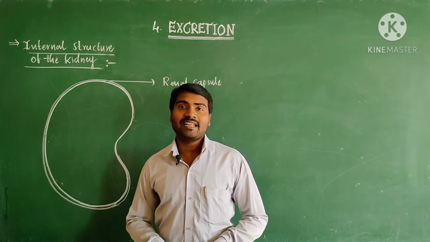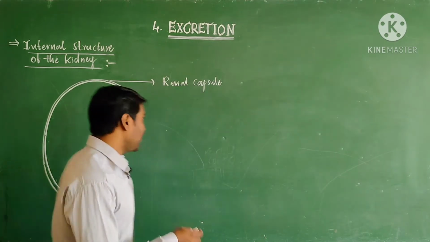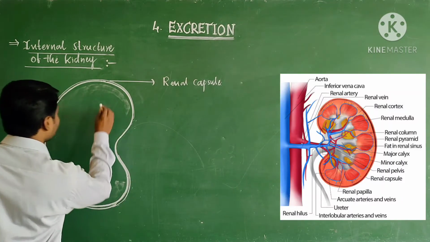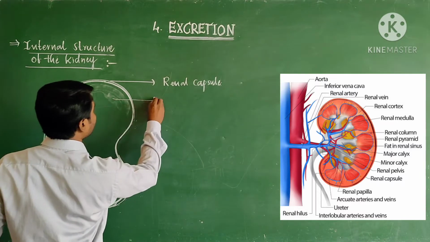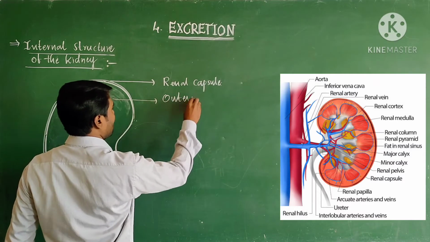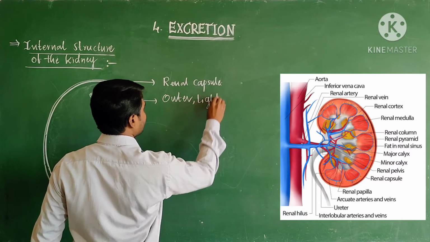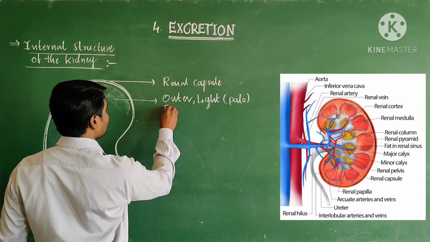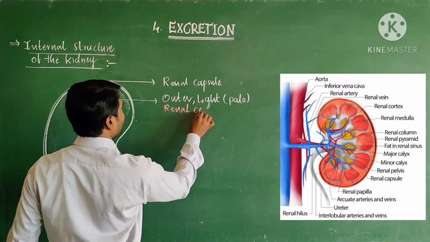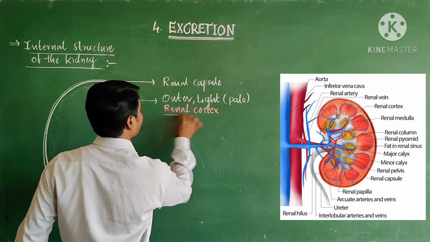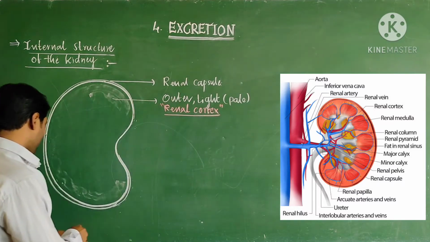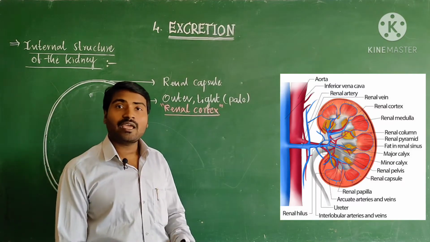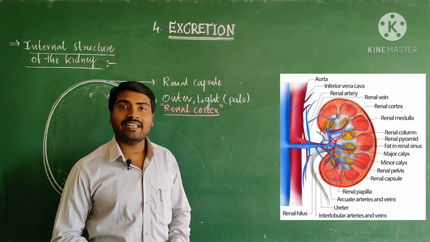So let us see here: this outermost light or pale area is called the renal cortex. So the outermost region, pale in color, is called the renal cortex.